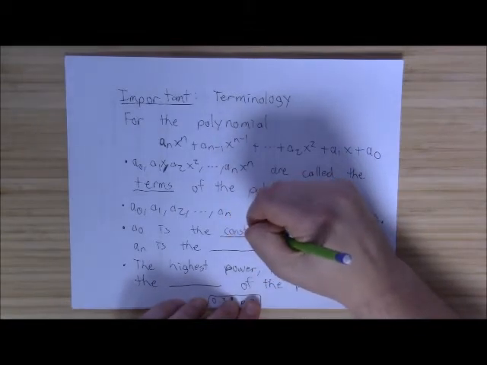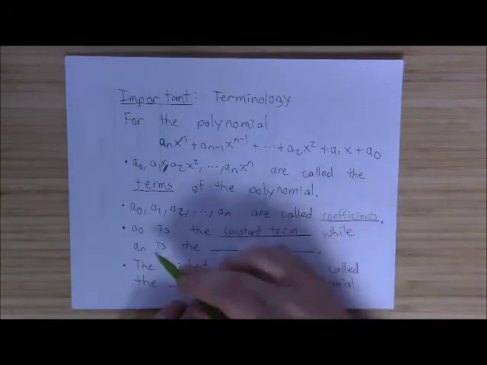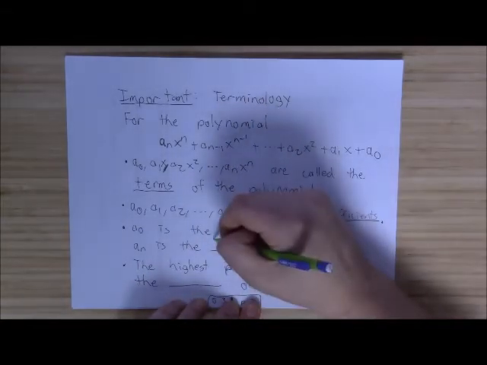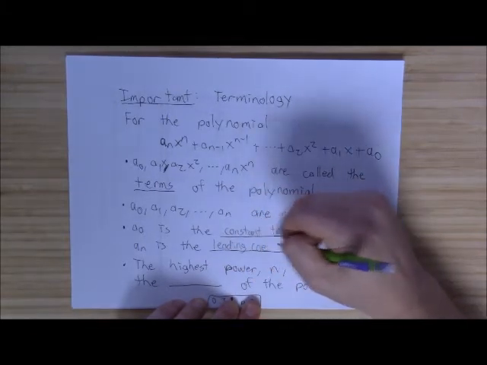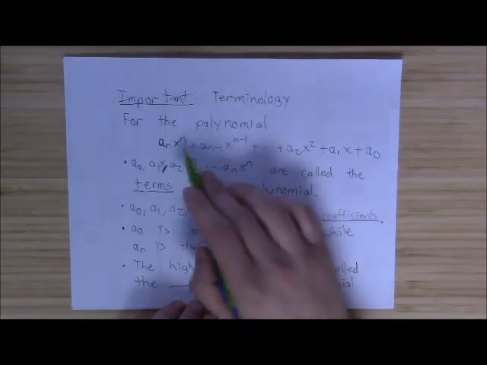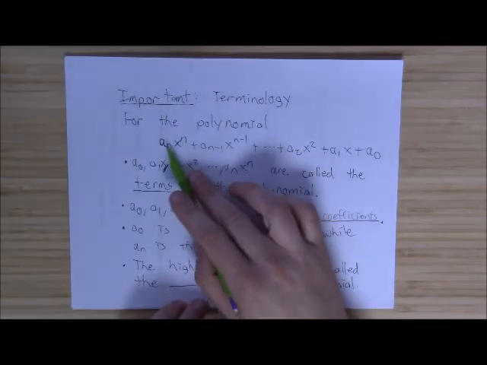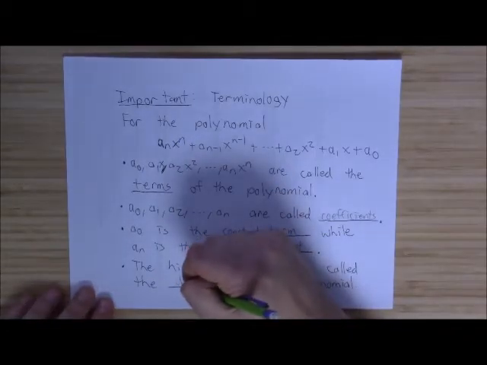It is also the constant coefficient, while an is the leading coefficient, because written in standard form, the polynomial always has that as part of the leading term. The highest power n is called the degree of the polynomial.